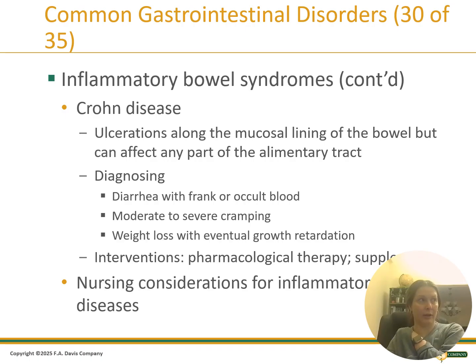So a way to remember this is they're not going to feel relief after defecating with this. That kind of differentiates, symptom-wise, between Crohn's and ulcerative colitis. We want to monitor their nutrition and growth patterns, assess the stool, manage pain, and watch for any development of fistula strictures.